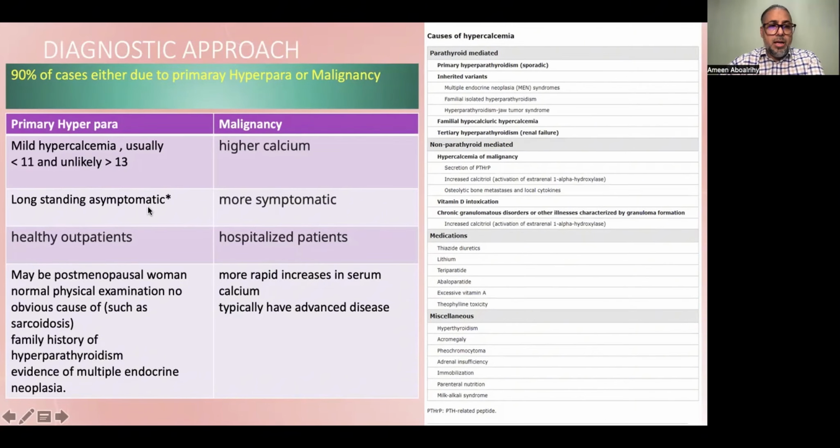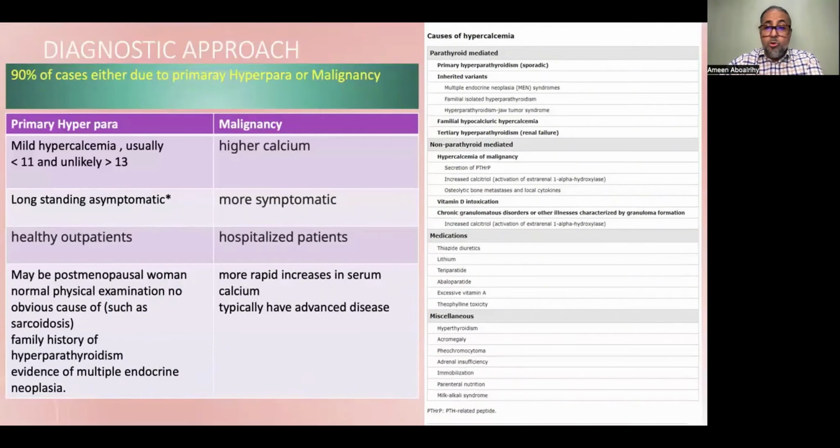Primary hyperparathyroidism is long-standing, and patients are asymptomatic most of the time, compared to symptomatic patients with malignancy. They are healthy outpatients, compared to hospitalized patients.